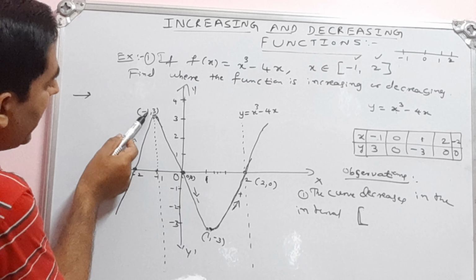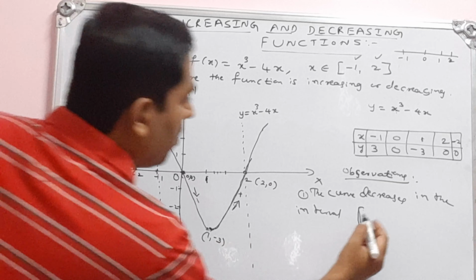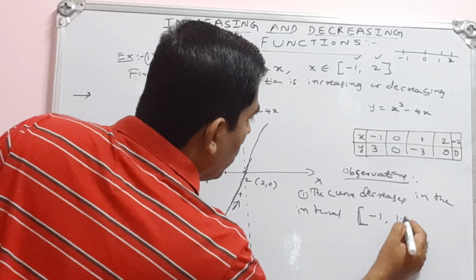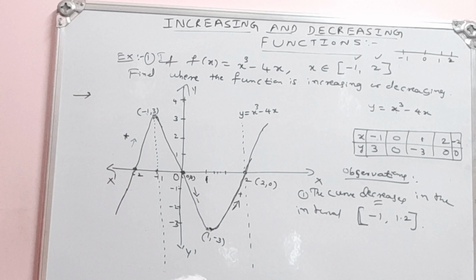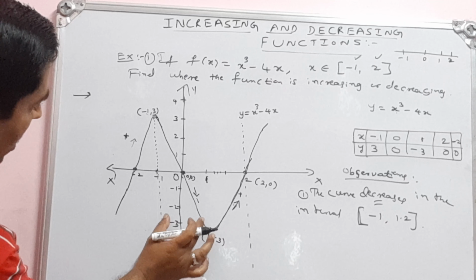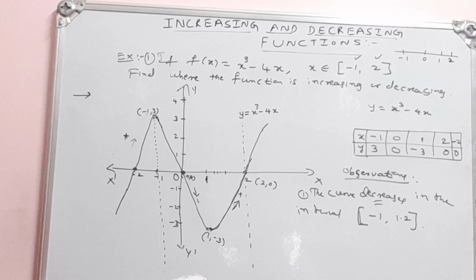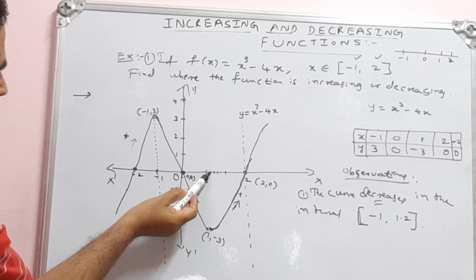So that is minus 1 to 1.2. In this interval, the curve is what? It is decreasing. That is a decreasing function. See, in this interval it is decreasing, minus 1 to this point, 1.2.